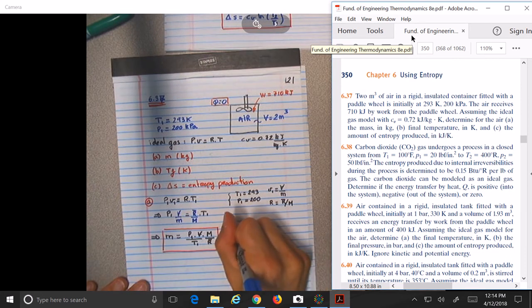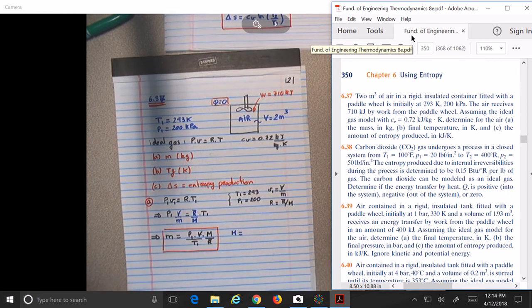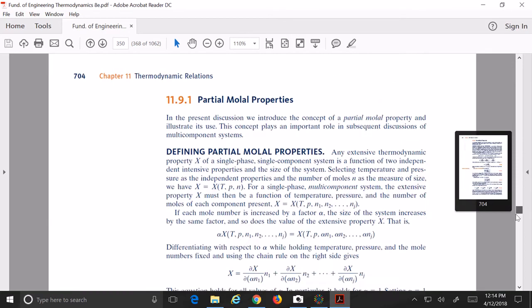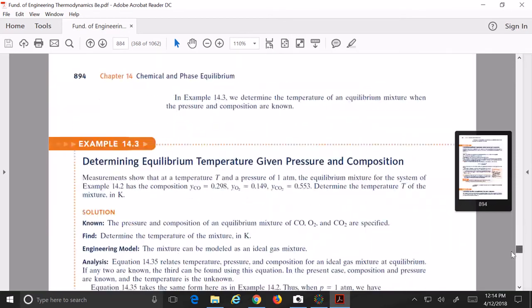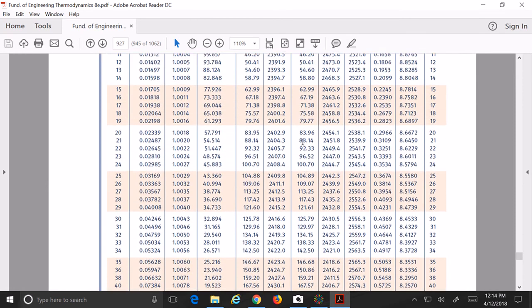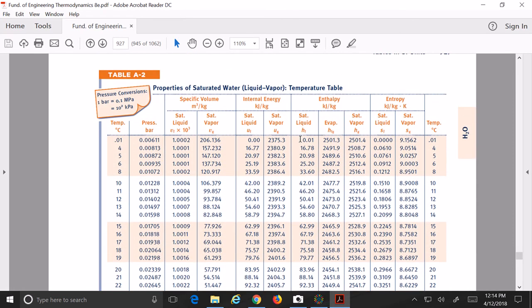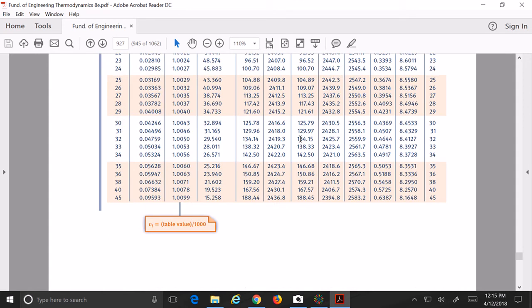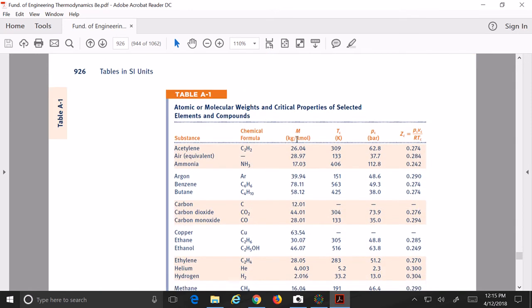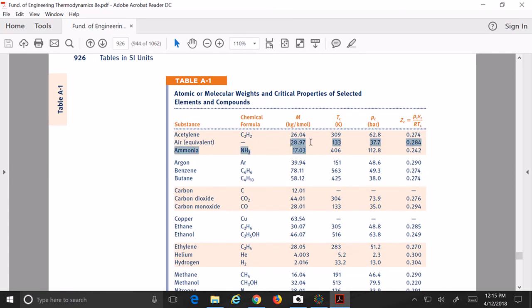Okay, so M I think was from table A1, no? M is down. For me it's always 30, but here is 28.97.